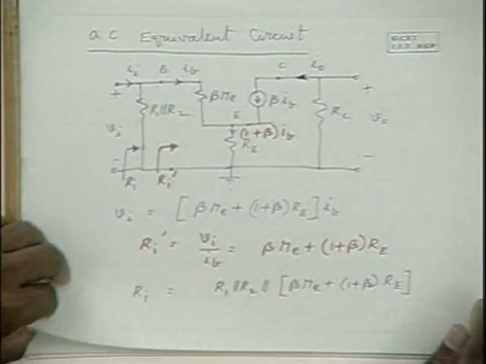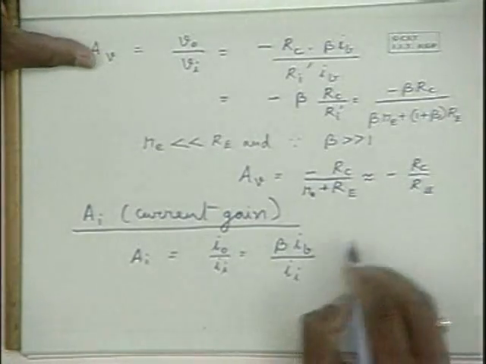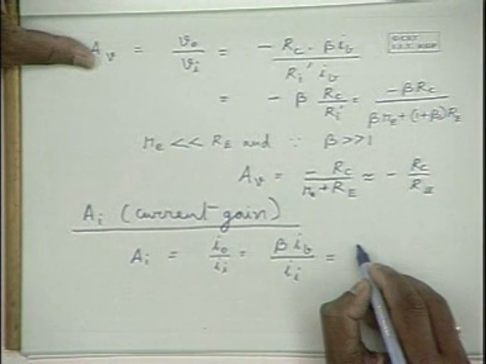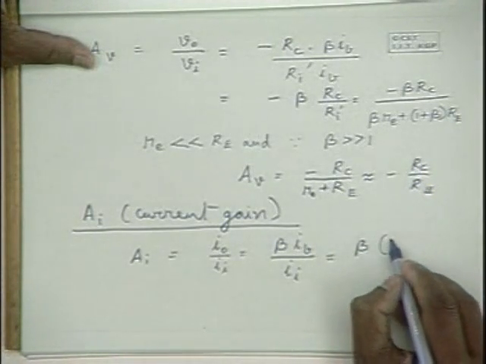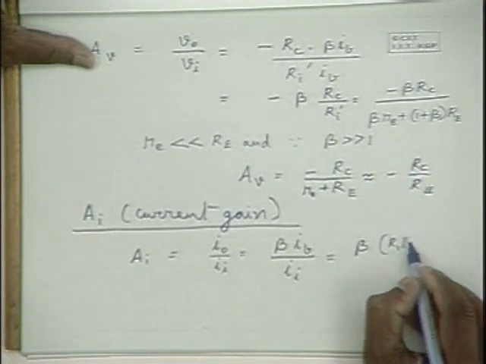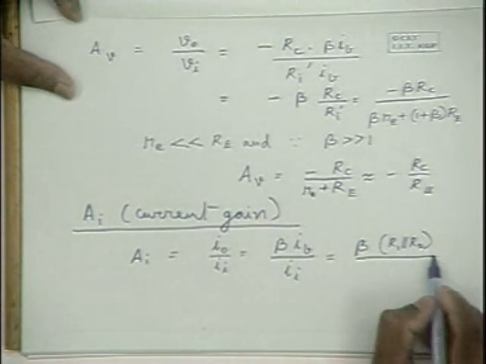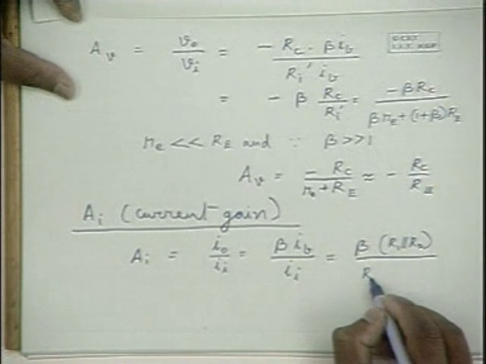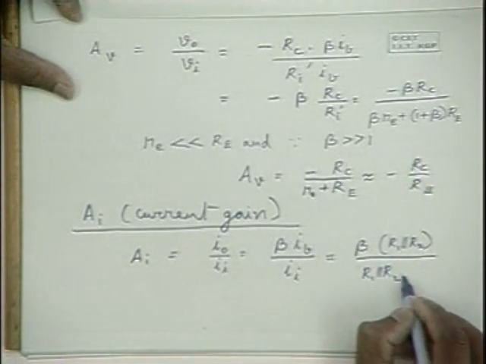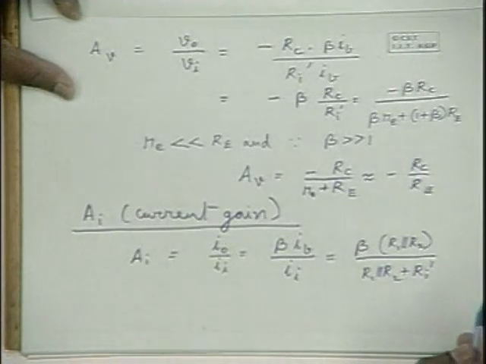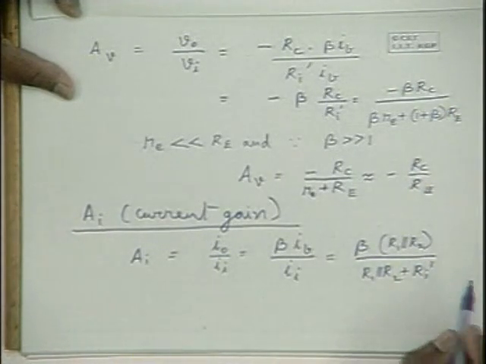Now substitute this expression here, and you will get beta into R1 in parallel with R2 divided by R1 in parallel with R2 plus Ri dash as the expression for the current gain.